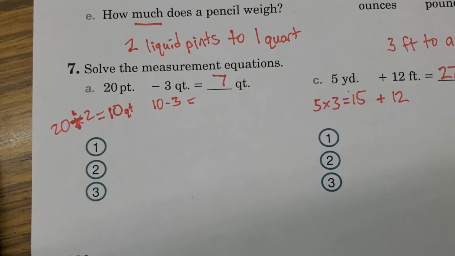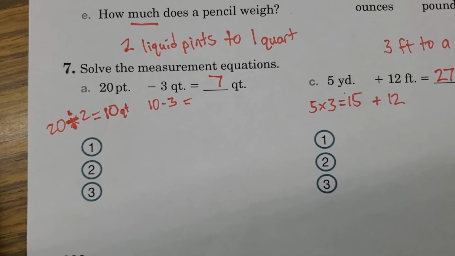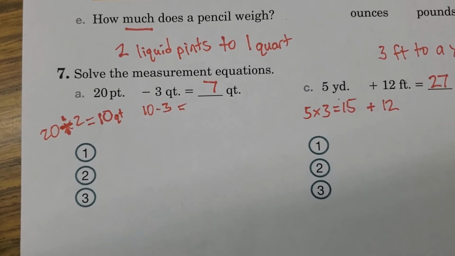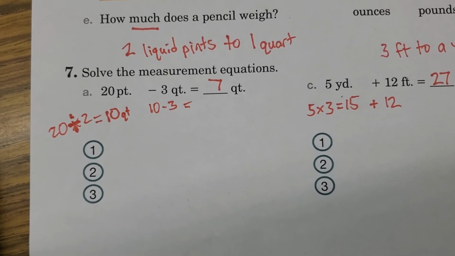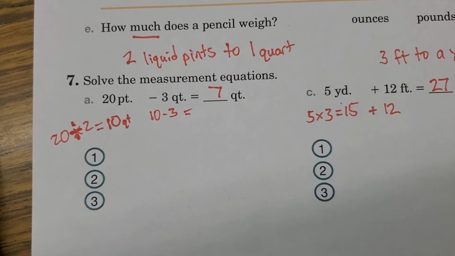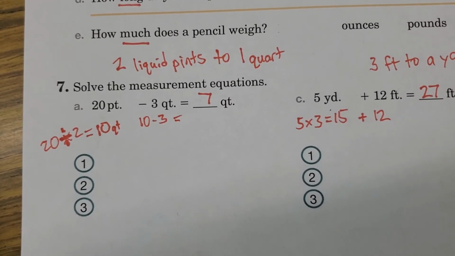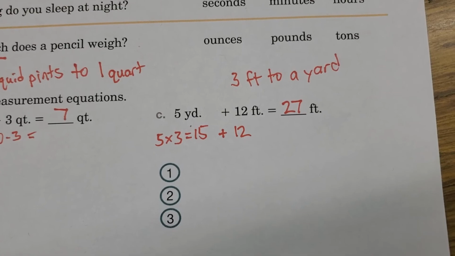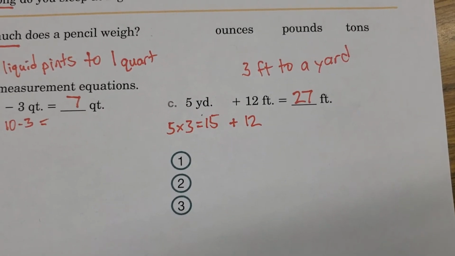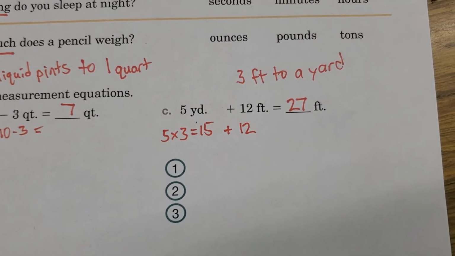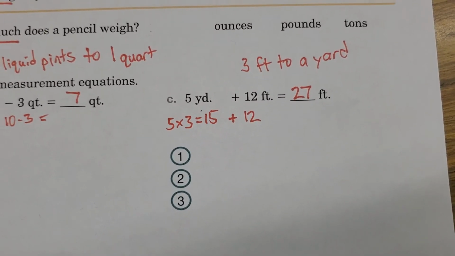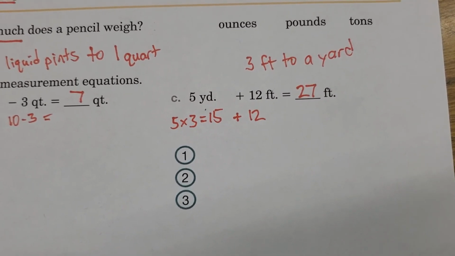So we can't take quarts away from pints until we convert them into an equal measurement. We have to have quarts minus quarts in order to figure it out. Here we have to have feet plus feet to figure out what it is. So always convert first. That's the first step when we are doing these kinds of problems.